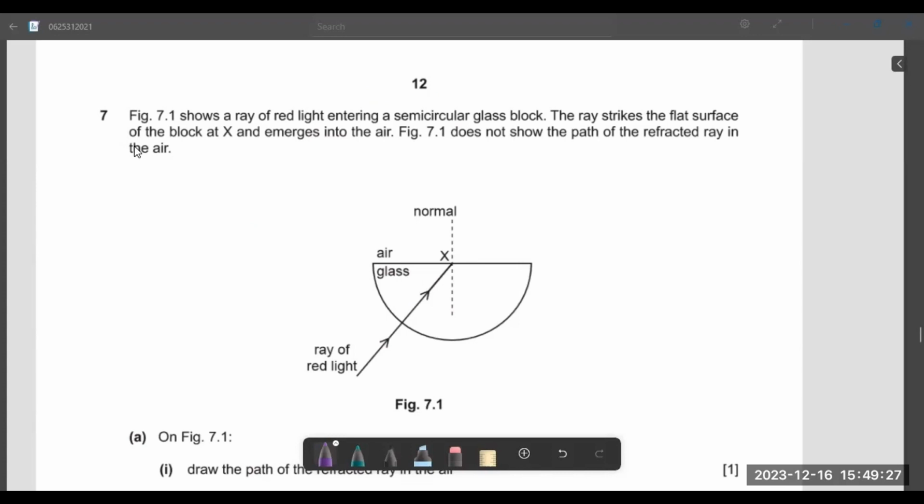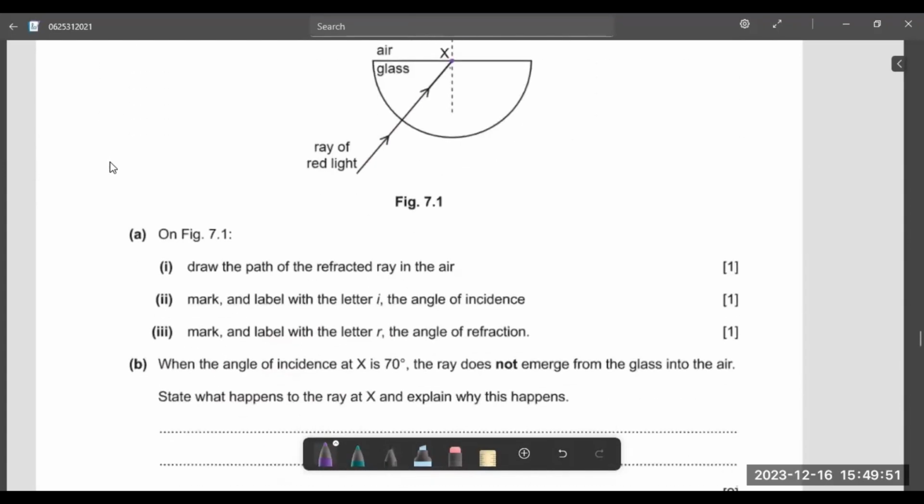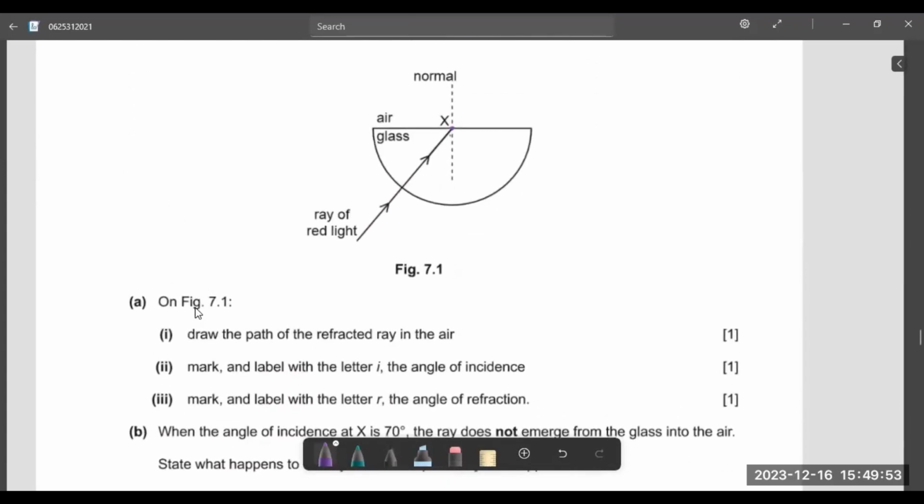Next, figure 7.1 shows a ray of red light entering a semicircular glass block. The ray strikes the flat surface of the block at X and emerges into the air. Figure 7.1 does not show the path of the refracted ray in the air. So here on figure 7.1, draw the path of the refracted ray in the air.